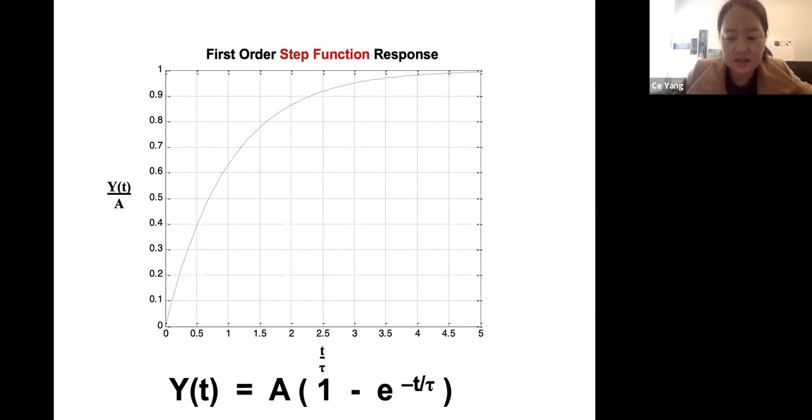Here we have several arrows pointing to t over tau equals 1, 2, all the way to 5, which are the y(t) over A values for 1 tau, 2 tau, 3 tau, all the way to 5 tau.